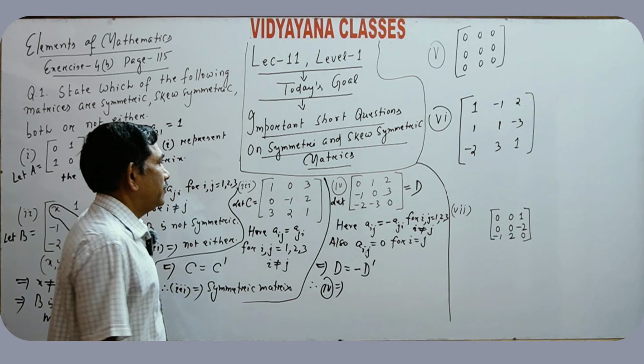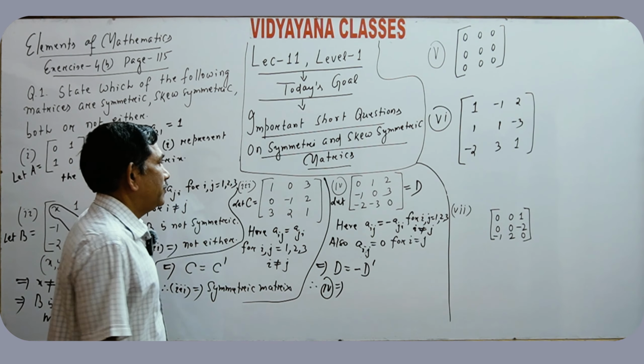Also, the zero matrix is equal to negative of 0 transpose.